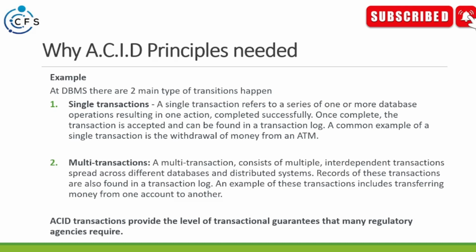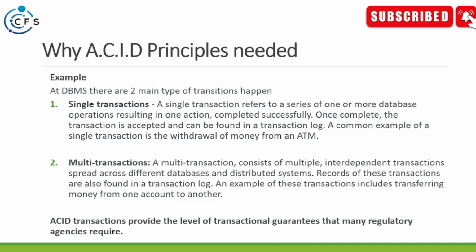Here the multi-transaction consists of multiple interdependent transactions spread across multiple databases and distributed systems. The record of these transactions is also found in the transaction log. An example, as I said, is transferring money from one account to another account.